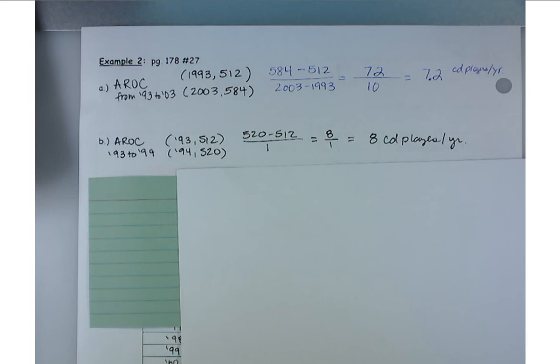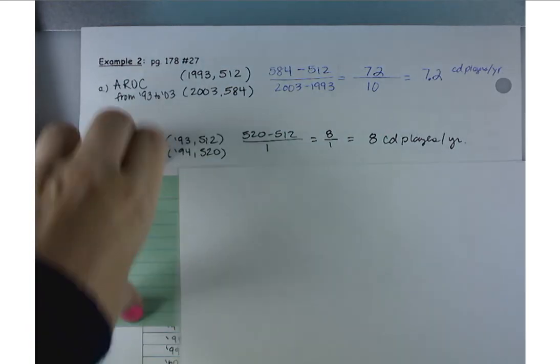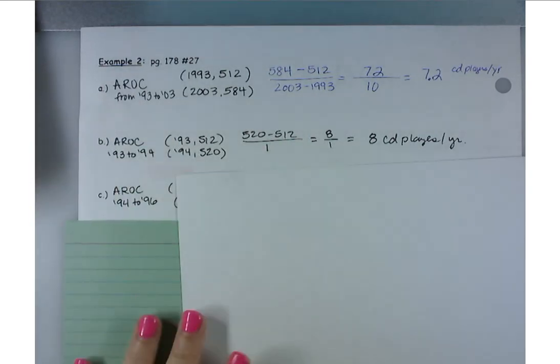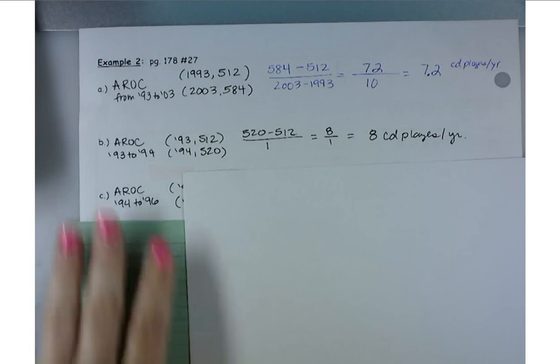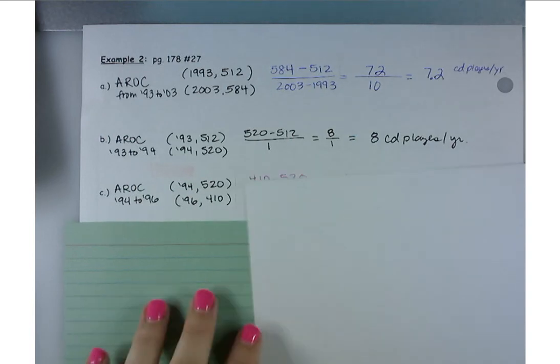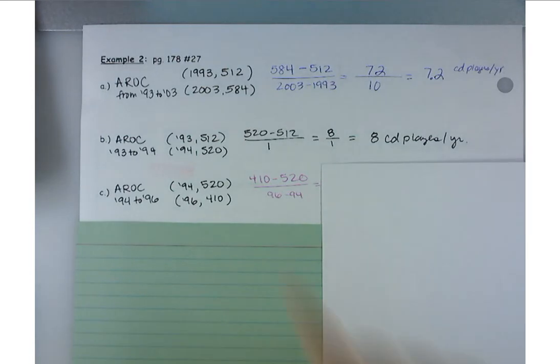Okay, and then for C, something different happened. Mitchell, what'd you get for your average rate of change? Negative 90 over 2. Okay, let's go over it. So you had 94, there were 520, and 96, there were 410, right? Okay, so when you're subtracting them, do you guys add up to find out what it's going to be?